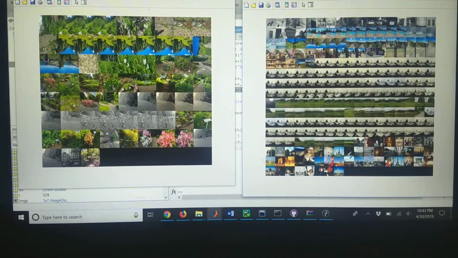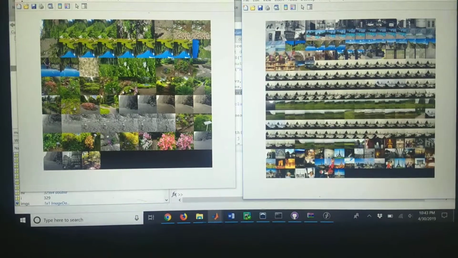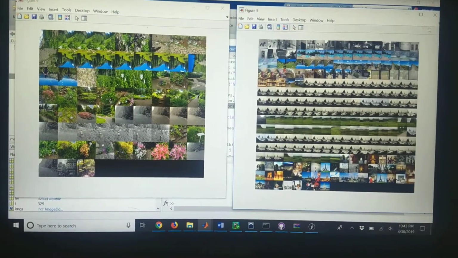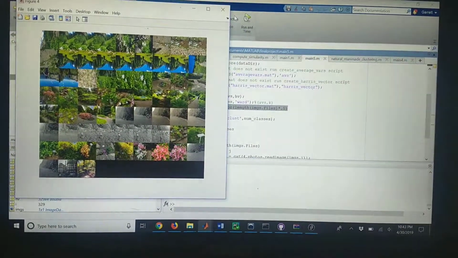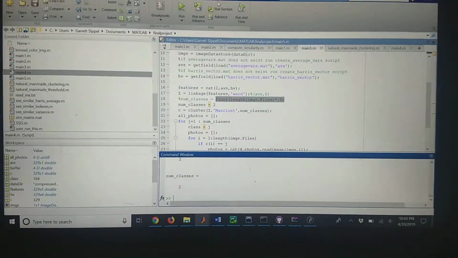But it pretty much just gives the same thing as when you use a threshold for that variance value. So unfortunately that wasn't very interesting. But that's my project.